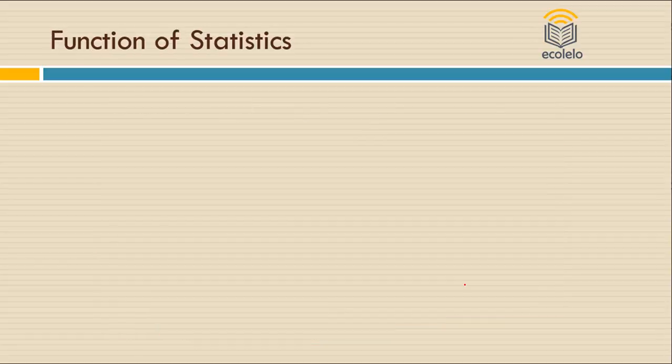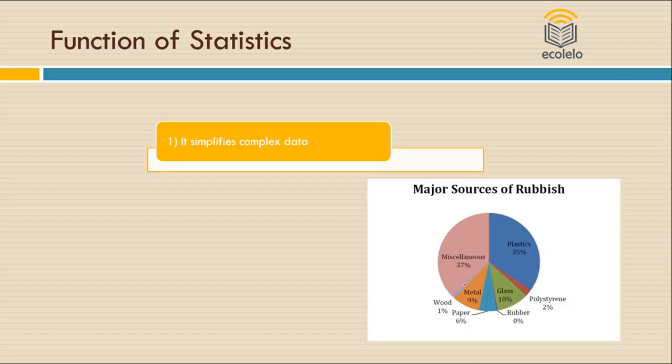Next topic, functions of statistics. Now, I'm sure that if I ask you what the functions of statistics are, many things would suddenly come into your mind. But how to categorize them? First, statistics simplifies complex data. For example, if you see this picture, the heading says major sources of rubbish.